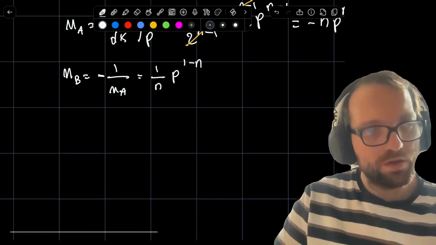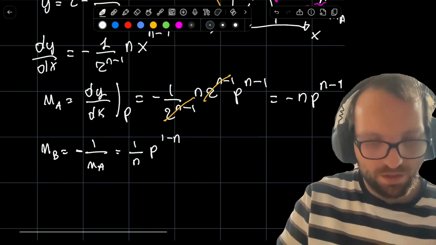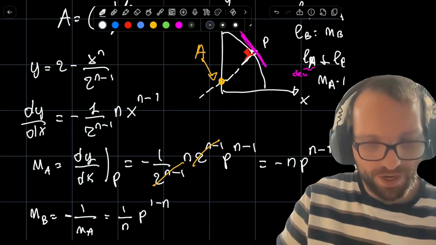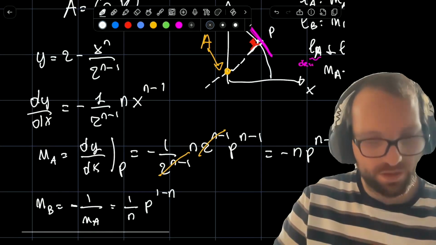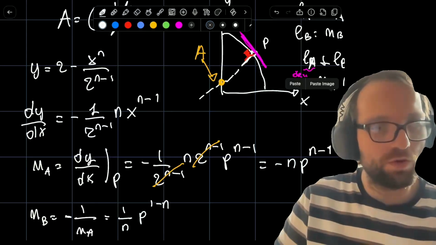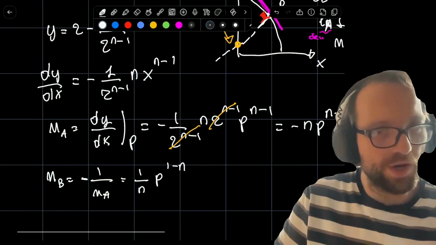Now we can write the equation of the normal line, because we know that it passes through A and P, and we also have the slope, but we just need one point.